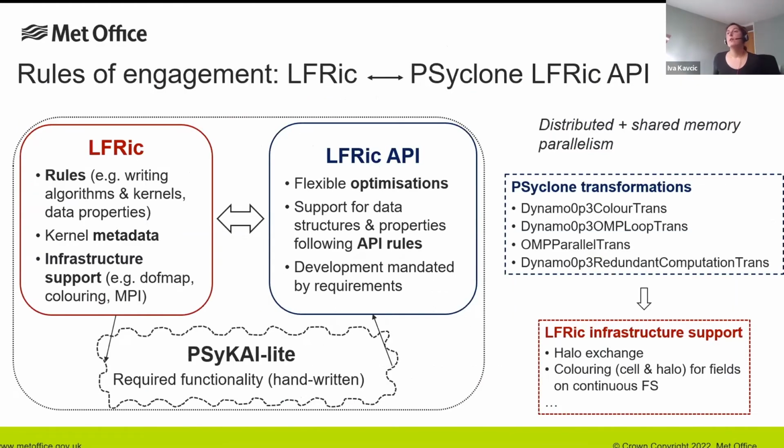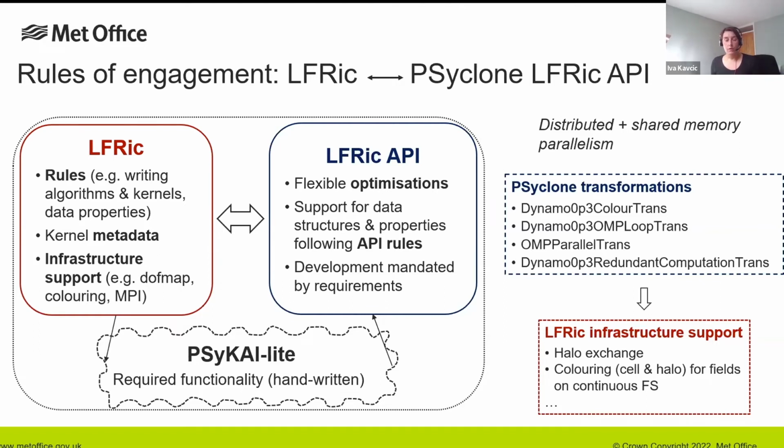So the rules of engagement here is that LFRic gives the rules on how the data are laid out and how the data are to be accessed. And the LFRic API in PSyclone takes those rules and generates the calls to infrastructure, how to unpack the data and parallelize them.